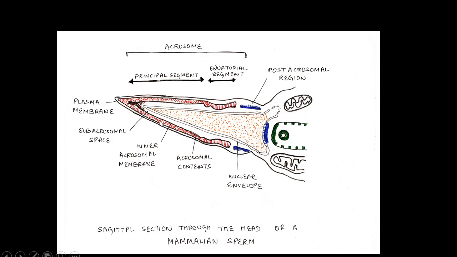Then there is the acrosome present here, which consists of 2 segments: the principal segment from here to here and the equatorial segment, which is present here. The acrosome contains the acrosomal contents. It will have an outer membrane and an inner membrane. Below it is present the nucleus, enclosed by the nuclear envelope. This region is called as the post-acrosomal region.